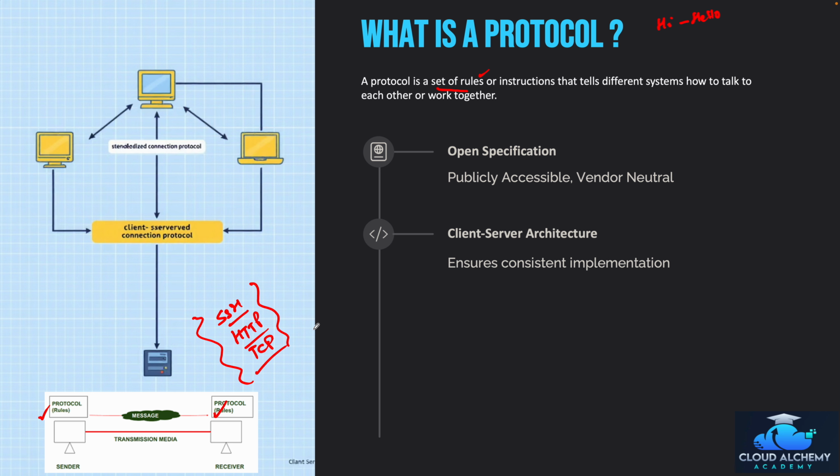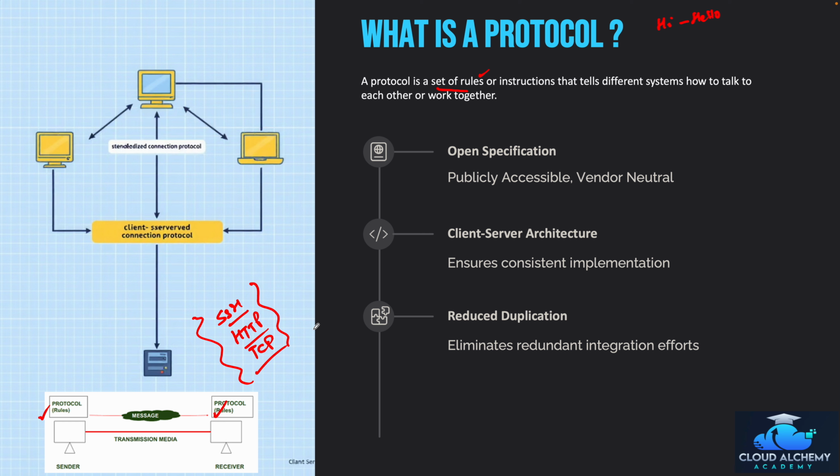It follows a client server architecture. You'll see that we have a concept of MCP client talking to an MCP server. Now we will do more of a deep dive into the client server architecture, but for the moment, just remember that this protocol is following a client server architecture, which ensures consistent implementation. So anybody across the world doing MCP has to remember they need to have a client and they need to have a server.